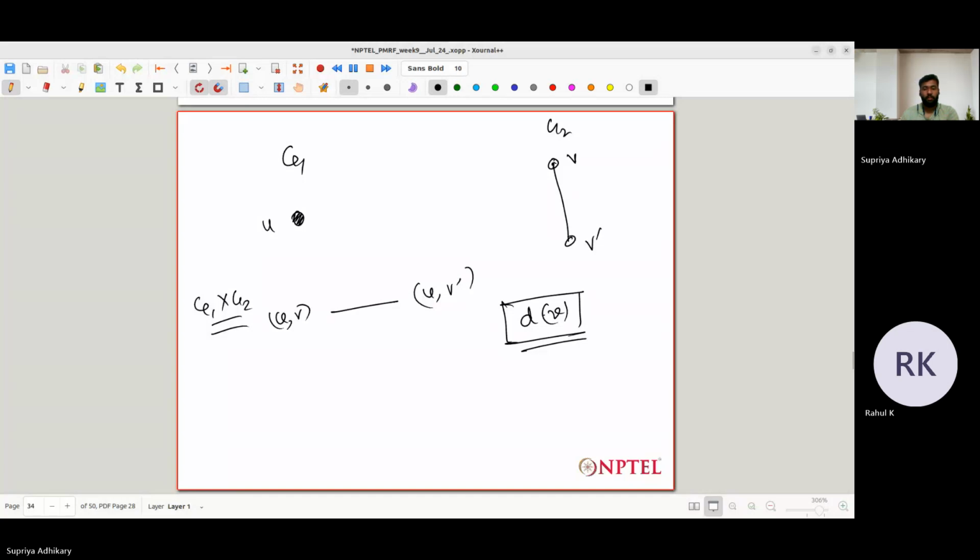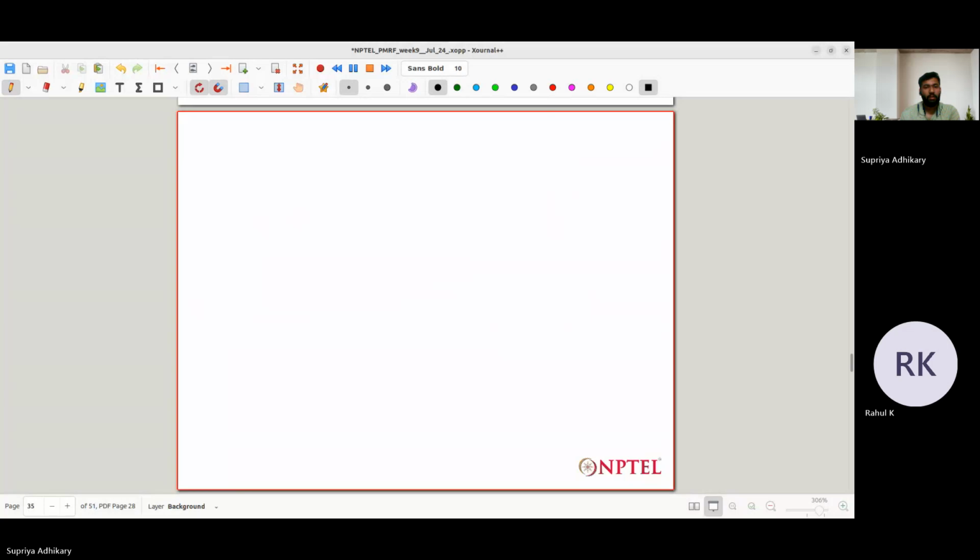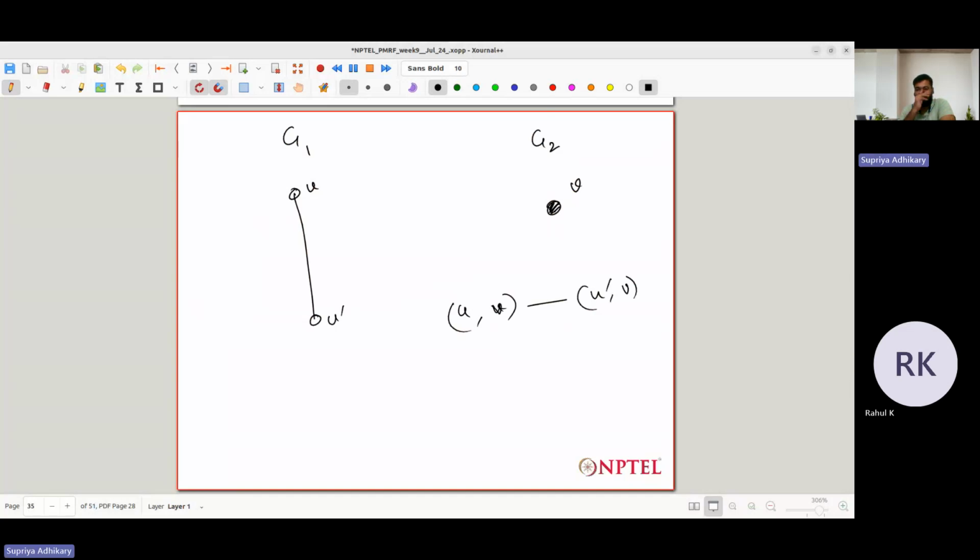And another way to consider is that we consider V, a vertex in the graph G2, and we consider an edge over here that is adjacent to U. In a similar way, this will give us an edge from UV to U dash V, and the number of such edges considered in G1 cross G2 is nothing but the degree of U, because corresponding to each of the edges adjacent to U, we are finding this edge.